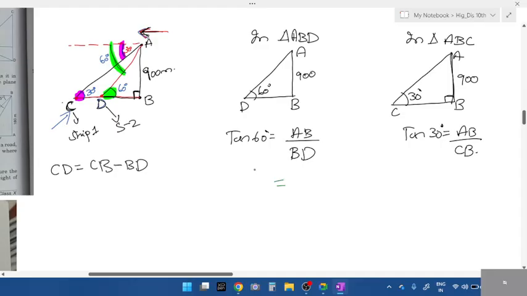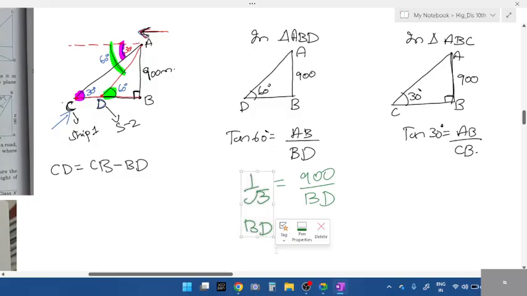Yes, what did you all get, students? Tan 60, how much is tan 60? Root 3, right? So 1 by root 3 is equal to 900 divided by BD. What is the BD value? 900 divided by root 3.